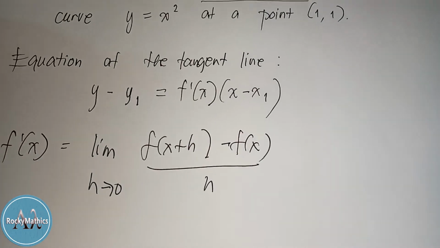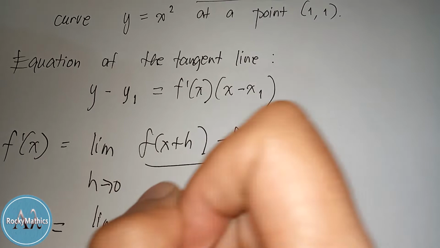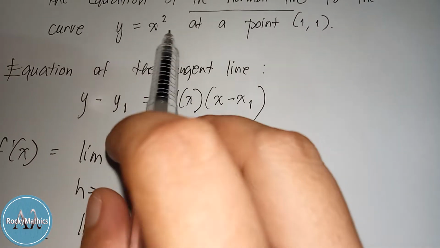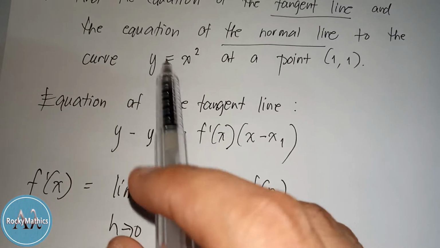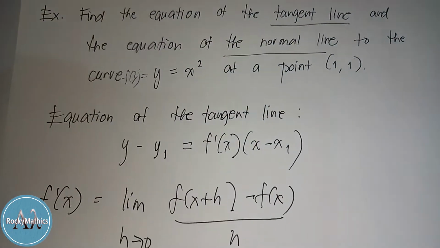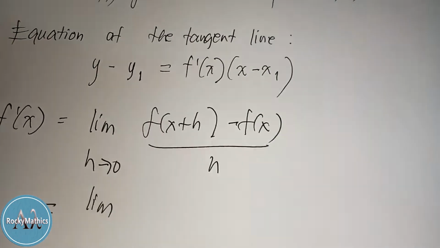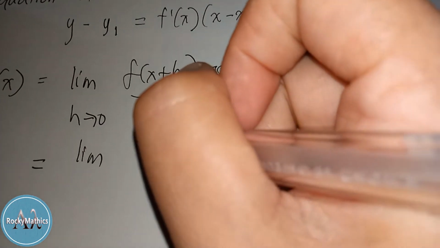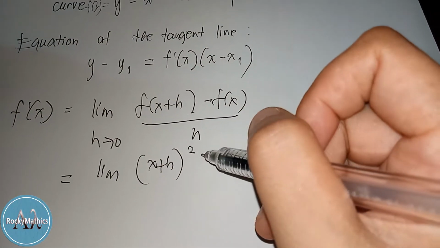Okay, good. Now using this formula, we come up with f of x plus h. So do not be confused, the y is actually our f of x. So what is f of x plus h? f of x plus h is equal to x plus h squared.